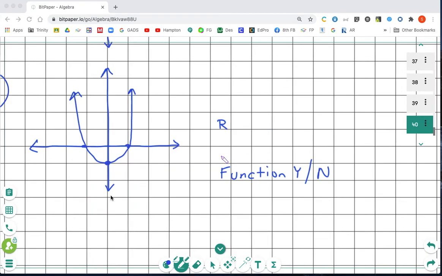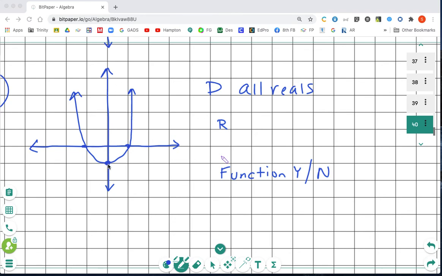Okay, this one, I'm going to look at my x values. I can use any negative x values and any positive x values, so my domain is going to be all reals. My range, I'll look at my y-axis.